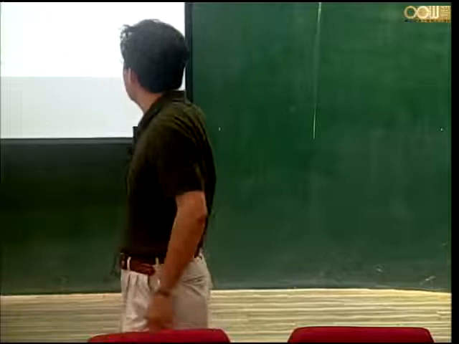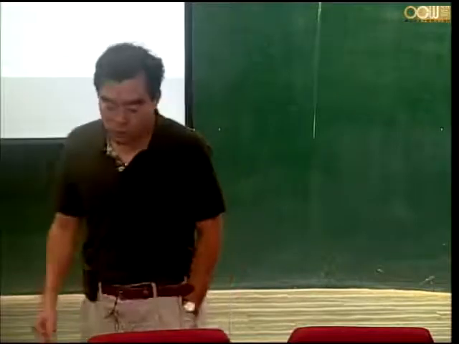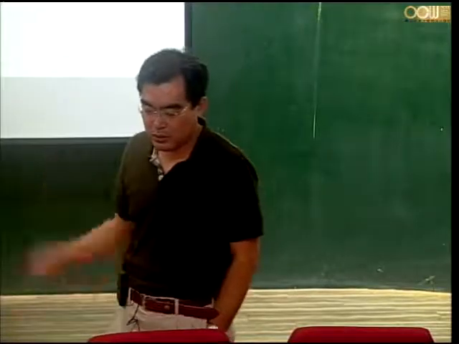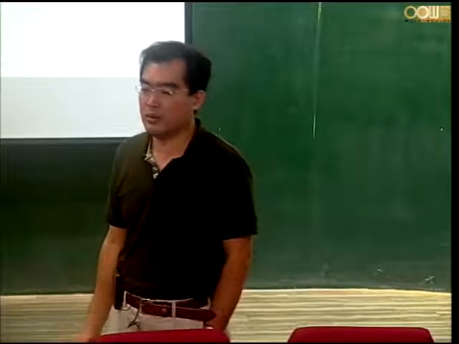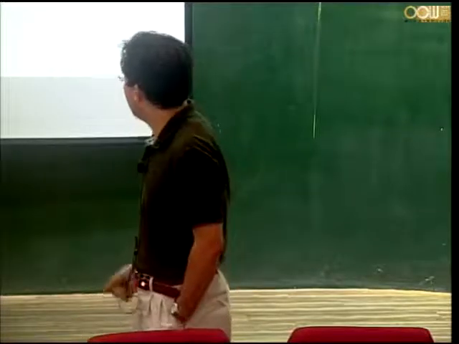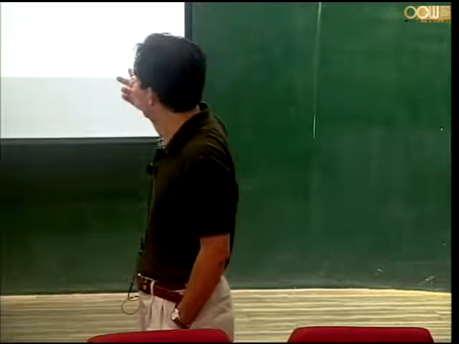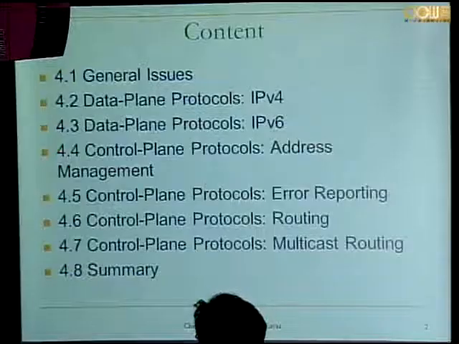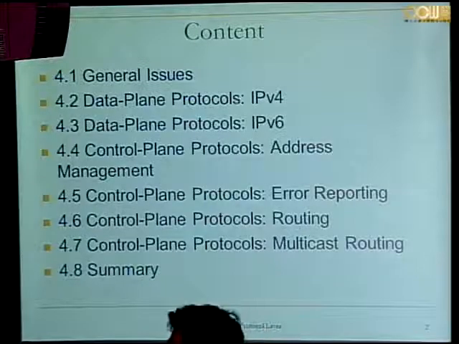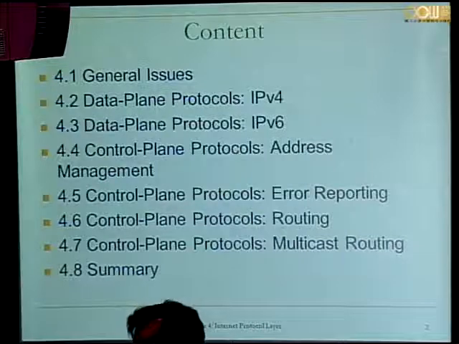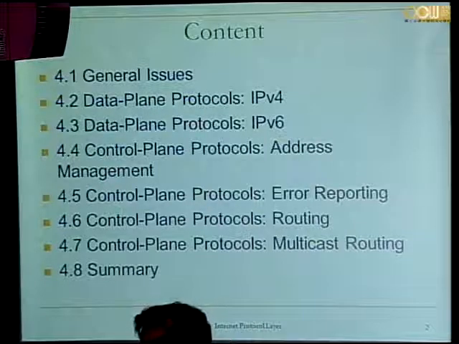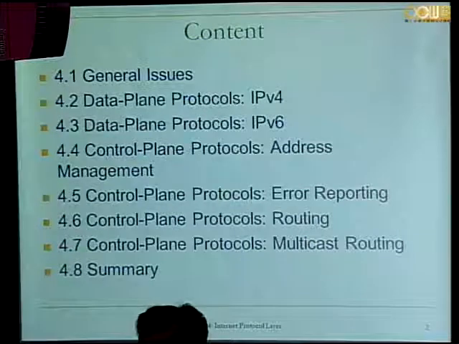Okay. And you would ask, where are we going to talk about packet forwarding? Well, we'll talk about packet routing in sections 4.6 and 4.7. These are the control plane protocols that would calculate the path.